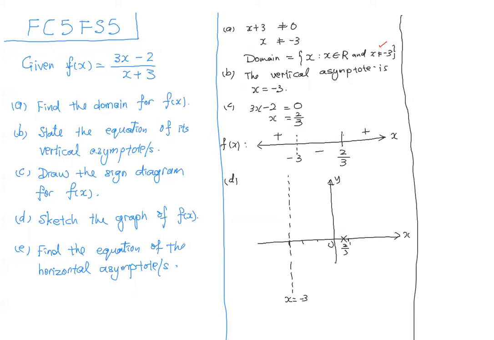Okay, after I put the dotted line, then how? I go to my calculator, and then you sketch the shape of the graph. Okay. So sketch the shape of the graph. So do you all get the shape of the graph? Yes. So you see whether I do it correctly or not, huh?